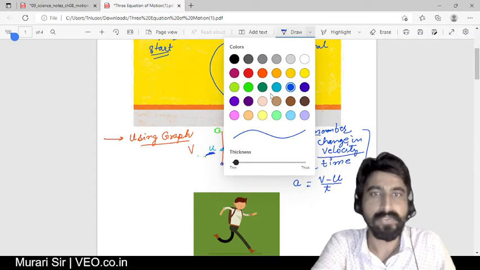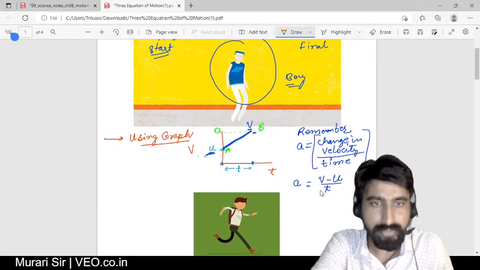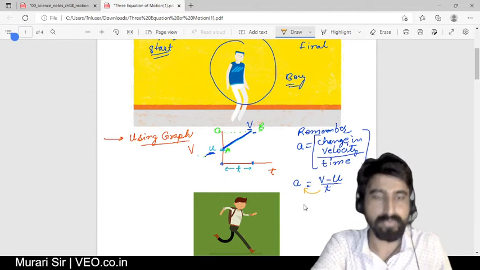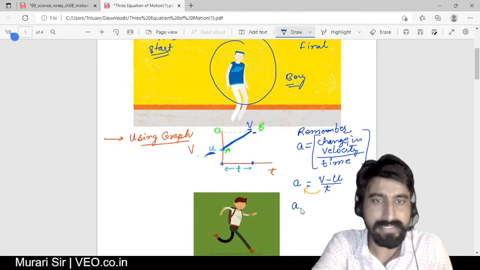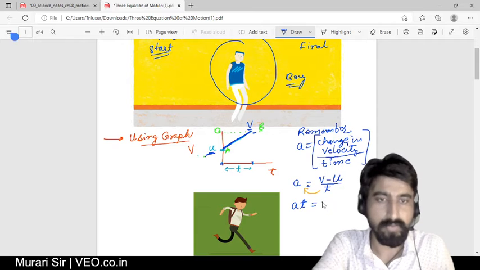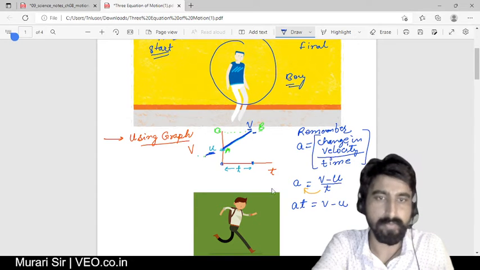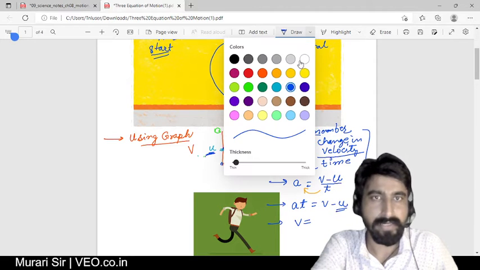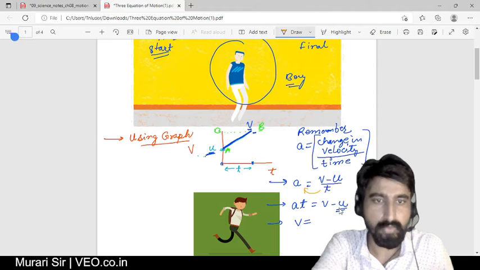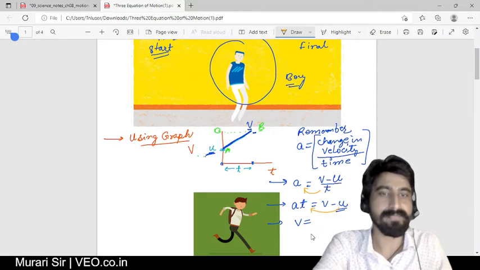Alright. So now it will be very easy to understand. If we cross multiply time to this, what will we get? We will get at is equal to v minus u. Alright. So next we can write it as v is equal to, because this is negative here, it will go to the left side as positive.